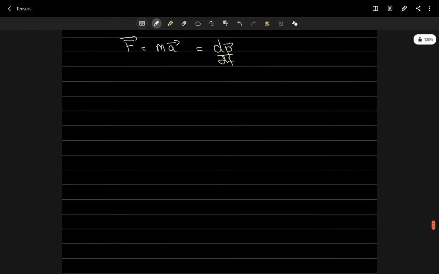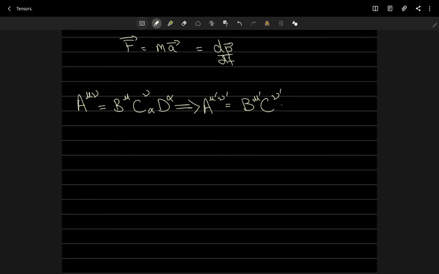What I mean by that is, consider we have A mu nu equal to B mu C nu alpha D alpha, and it transforms as A mu prime nu prime equal to B mu prime C nu prime alpha prime D alpha prime.